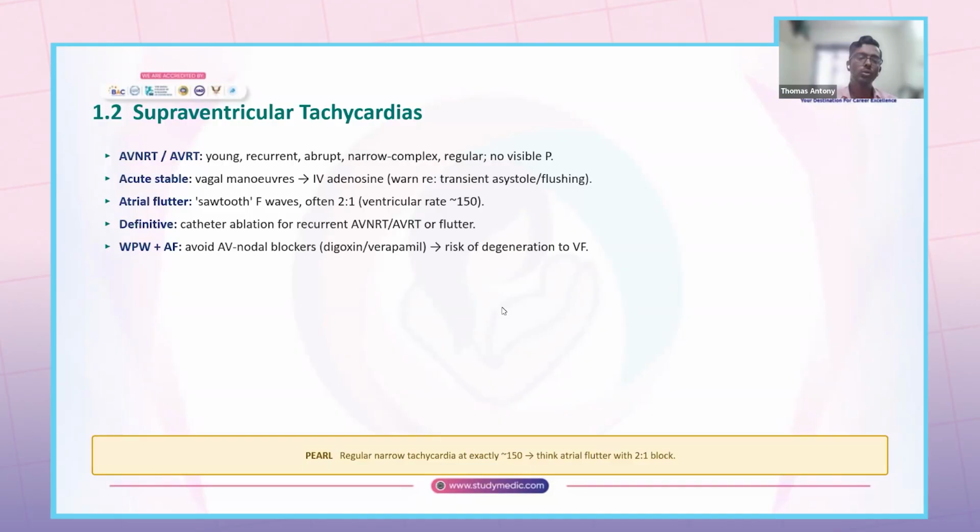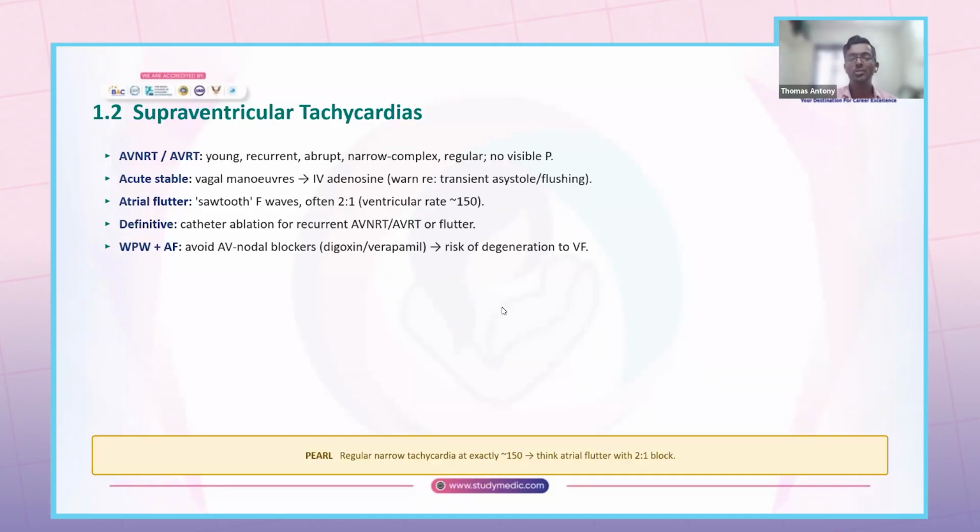Now in case of atrial flutter, you can see this will be a regular sawtooth pattern. These often come in the ratio of 2:1 with a ventricular rate of approximately 150. There are other ratios also, but here the ventricular rate is approximately 150.